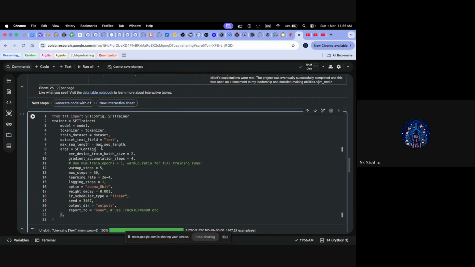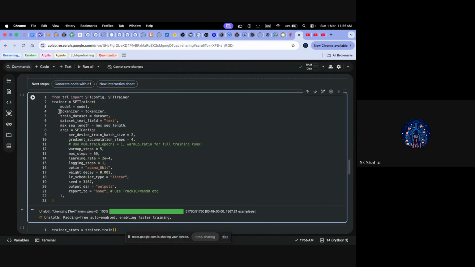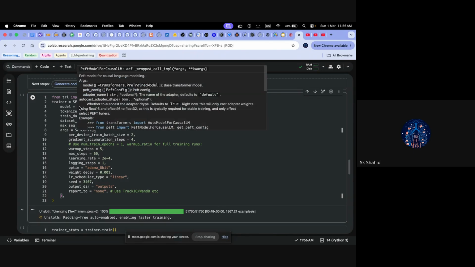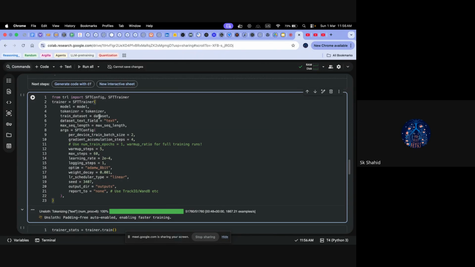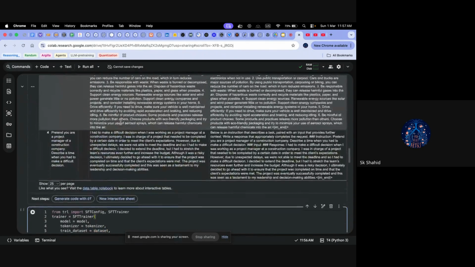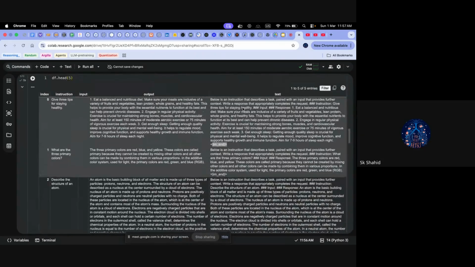Now we'll train it. So we use the TRL library to train it. Unsloth also uses the TRL library. So TRL will give you the trainer class itself, and then you need to pass the model, pass the tokenizer, the training data set, and what field it should attend to. It should attend to the text field, since we have our data in text.